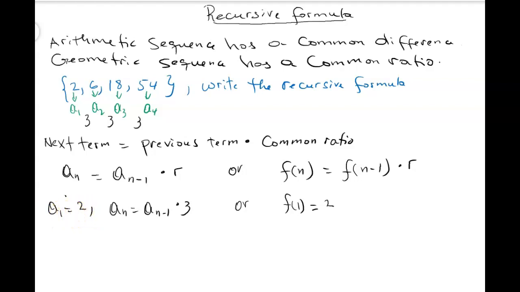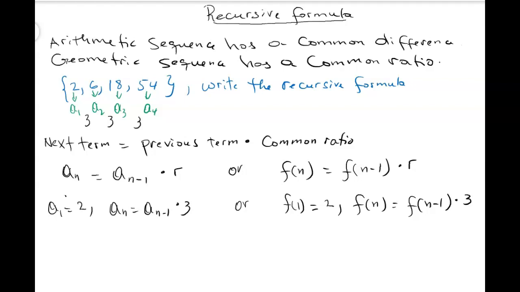So f of 1 equals 2 and f of n equals f of n minus 1 times 3. Okay, so that's all you have to do.